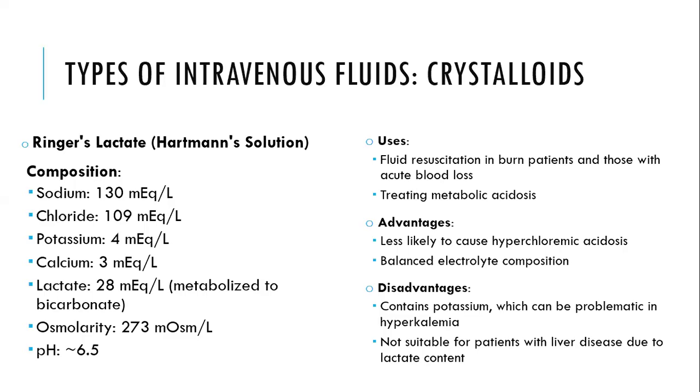The sodium content of Ringer's lactate is about 130, chloride 109, potassium 4, and calcium is added here. The reason calcium is added is that it reduces the sodium content in order to maintain neutrality in the fluid. So the sodium content is far lower than your 0.9%.